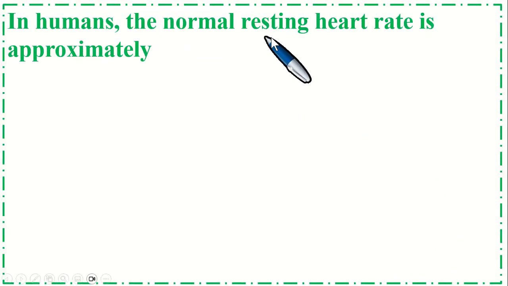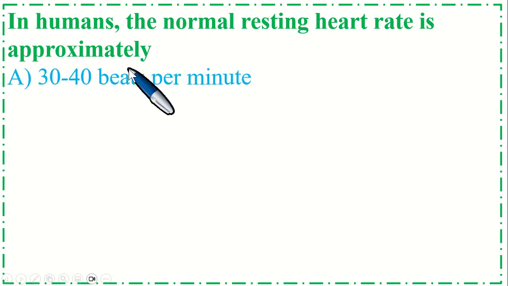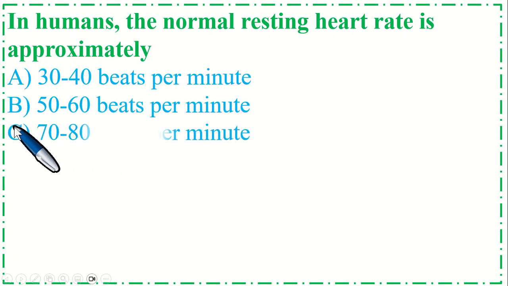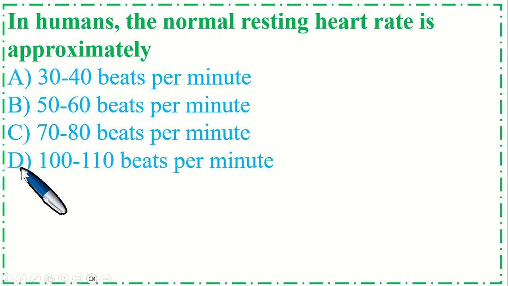In humans, the normal resting heart rate is approximately option A 30 to 40 beats per minute, B 50 to 60 BPM, C 70 to 80 BPM, and option D 100 to 110 beats per minute.